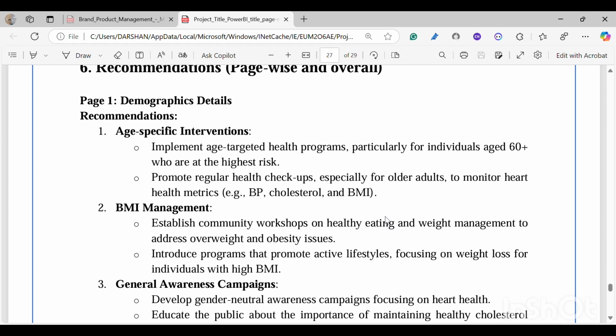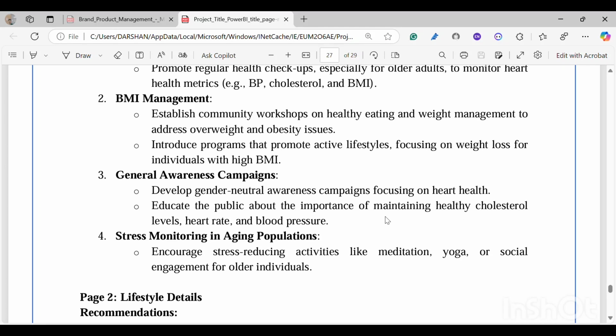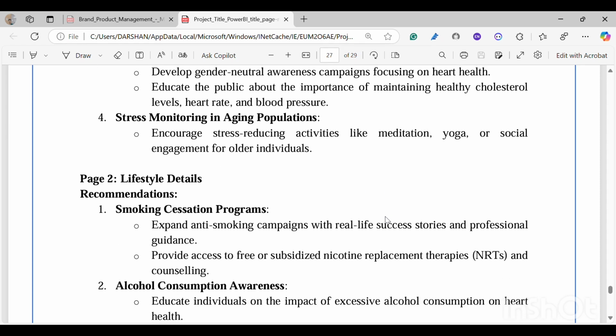Promote regular health checkups, especially for older people, to monitor their heart metrics, their BP levels, their cholesterol level, their BMI level. So general awareness campaigns should educate them to do regular physical activity, meditation, yoga, and social engagement.